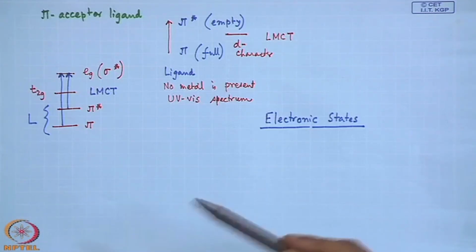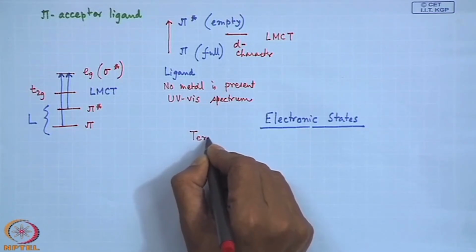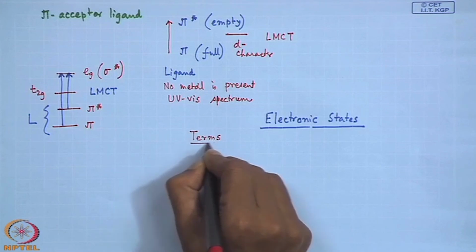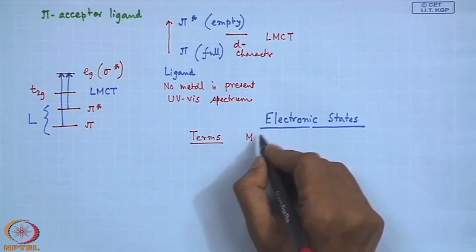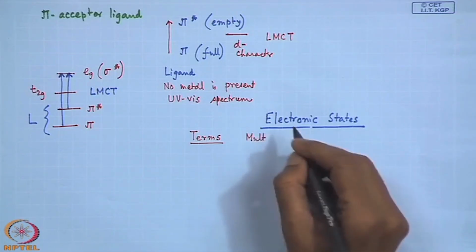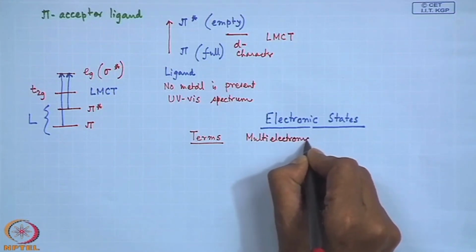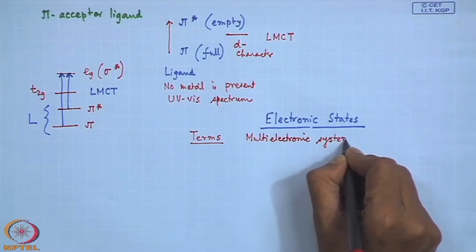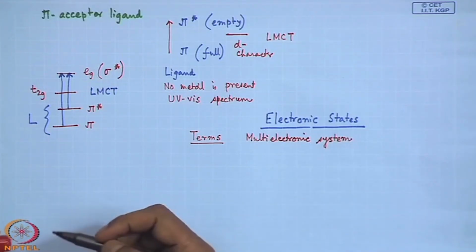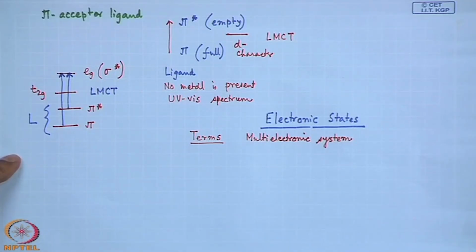For those states we call them the different terms for a multi-electronic system. When more than one electron is present in different orbitals, we consider it a multi-electronic system, and that will be utilized for finding the different term symbols.